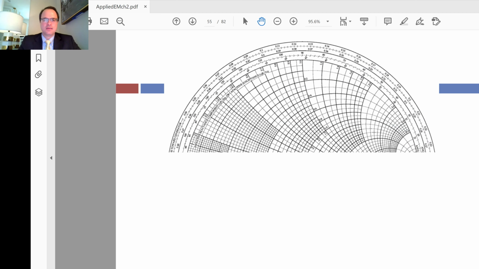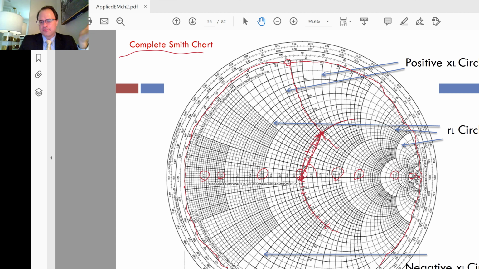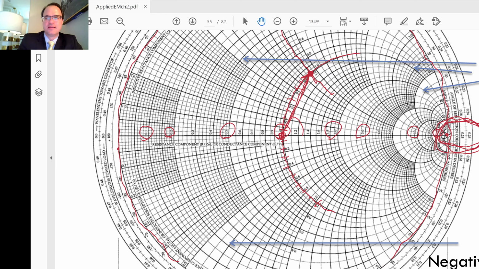Now, there are other aspects to the Smith chart. Actually, quite a few. First of all, we have the rulers out here, and there are 3 different sets of tick marks for this ruler. The innermost tells you the phase of the reflection coefficient in degrees.